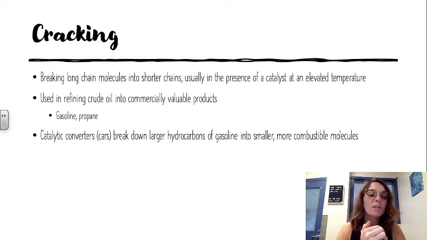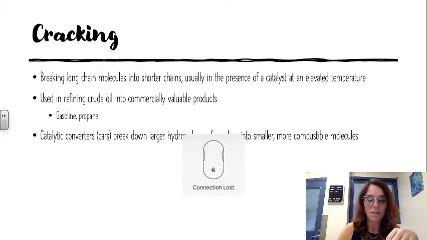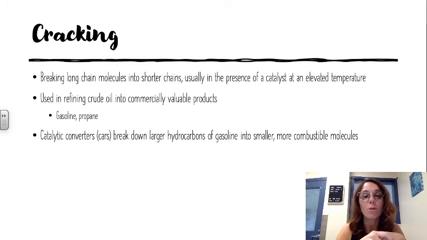So this is what's done to take crude oil, which is the oil that we find in the ground, and refine it into usable products like gasoline and propane and gases that we use to make our cars run, to heat our homes, to cook food in a barbecue.